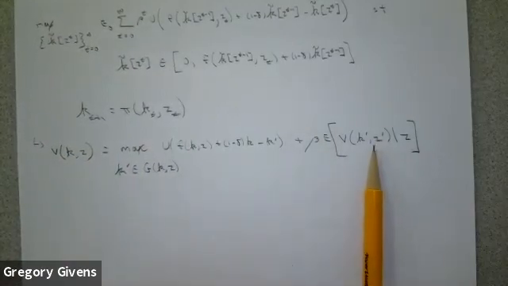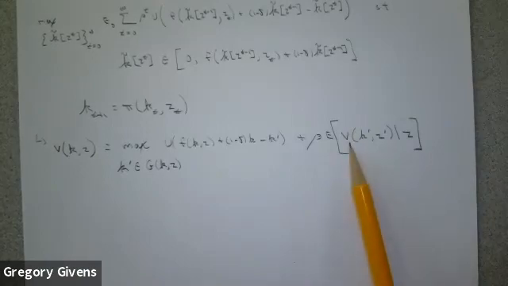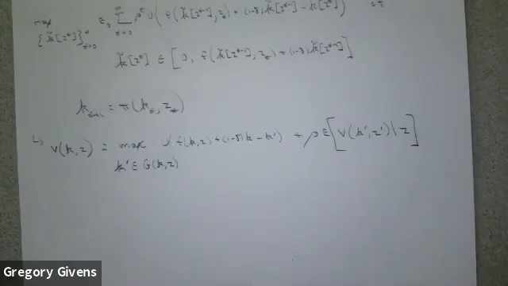Z prime over here is next period's productivity shock. And from the current period, we don't know exactly what that is going to be. So we have to form an expectation of tomorrow's value function, conditional on what we know about the technology shock today.